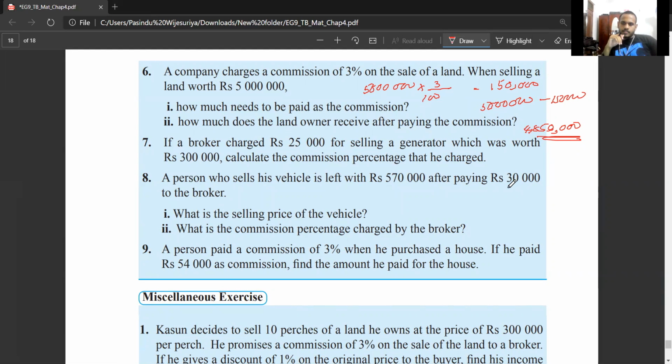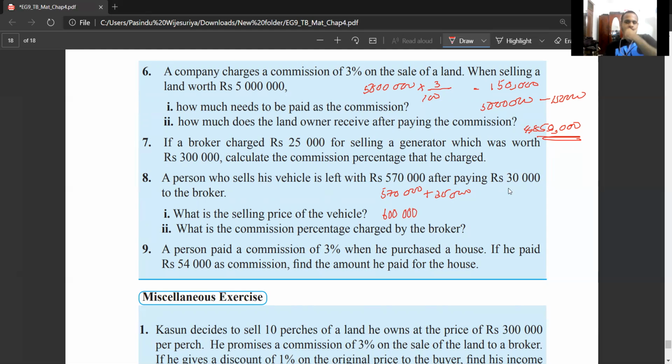What is the selling price? Selling price of the vehicle is 570,000 plus 30,000. Then it's 6 lakhs.